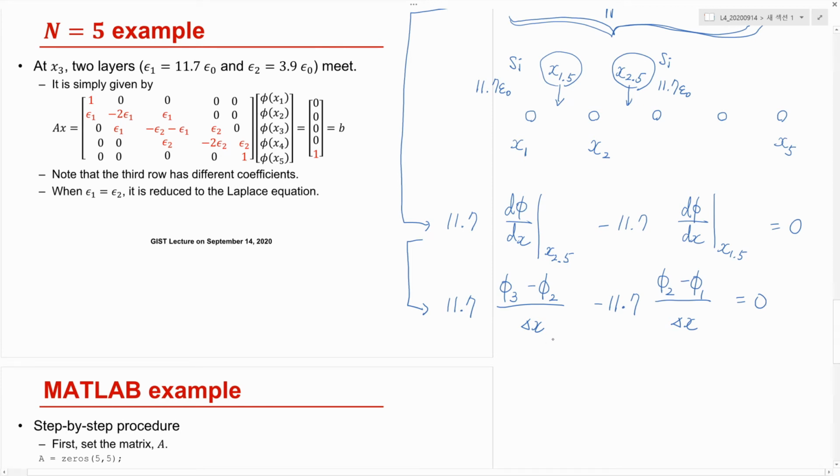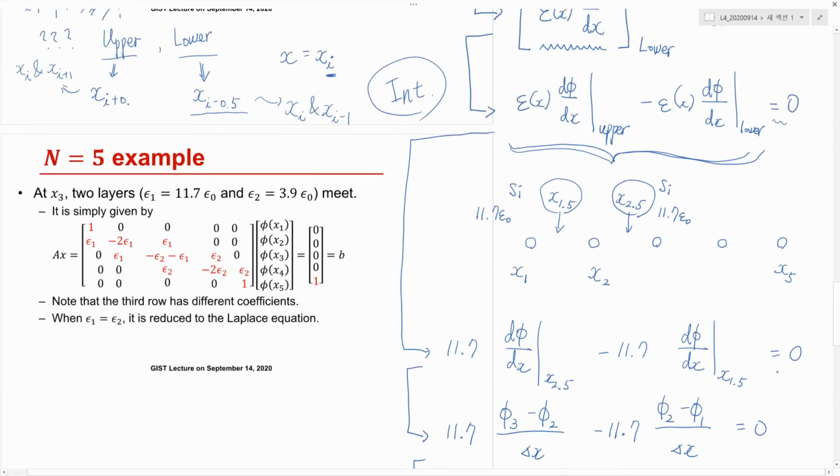Then by multiplying delta x to the left hand side and right hand side, we will get something like this: 11.7 phi 3 minus 2 times 11.7 phi 2 plus 11.7 phi 1 becomes 0. This is the scaled version of our Poisson equation evaluated at x sub 2.